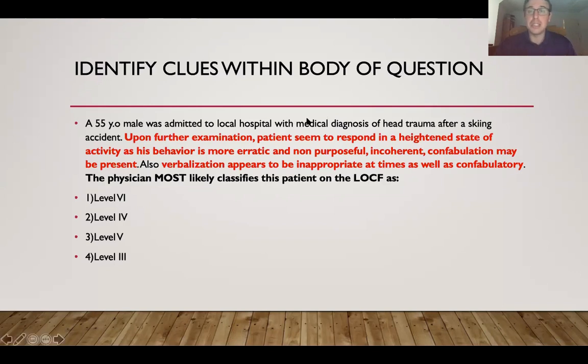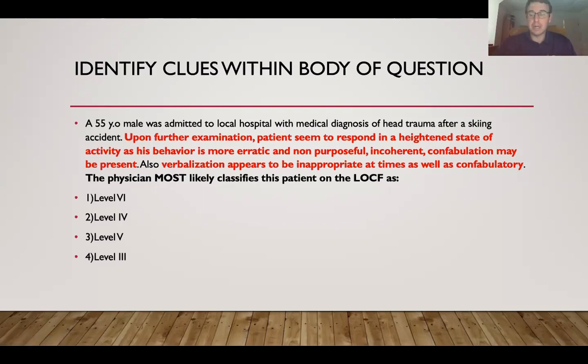The patient seems to respond in a heightened state of activity as his behavior is more erratic and non-purposeful, incoherent, confabulations present. Also, there's verbalization that's appearing to be more inappropriate at times as well as confabulatory. So we have all those pieces to put together.